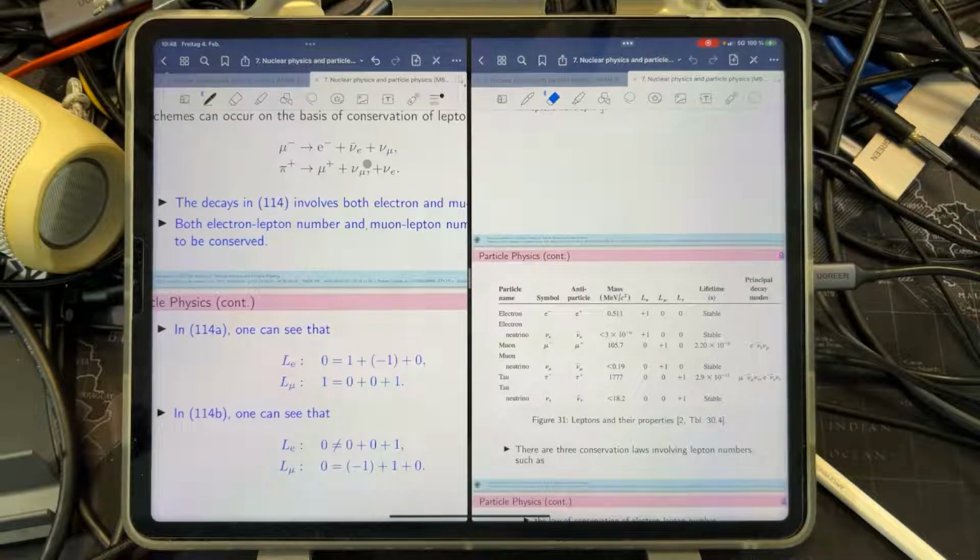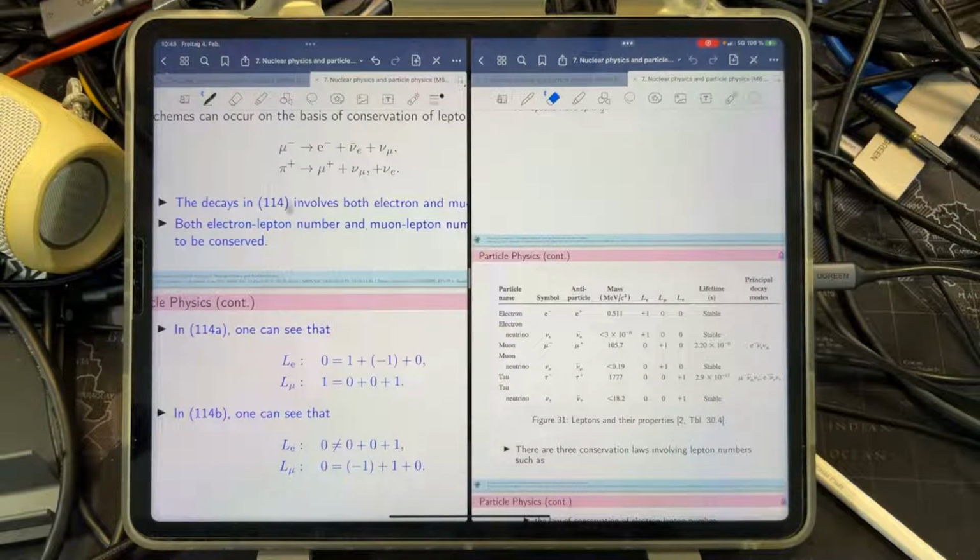We would simply say that this reaction or this decay would never take place in nature. And if you want to see the muon lepton numbers, we can go ahead.